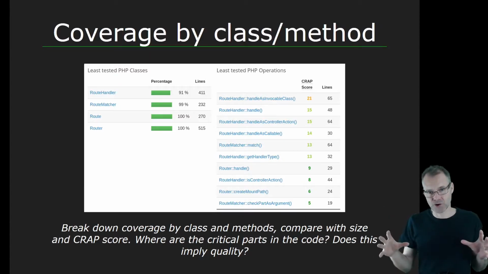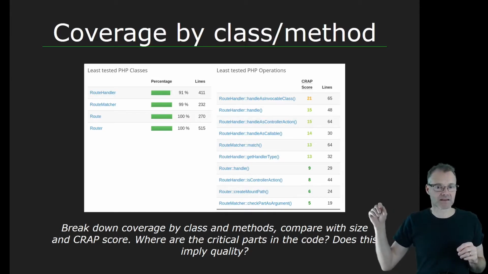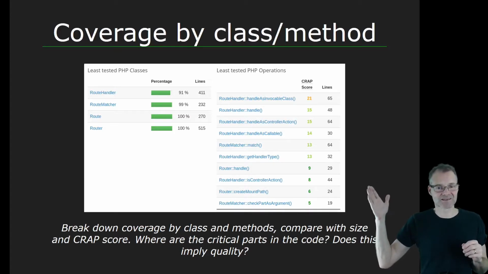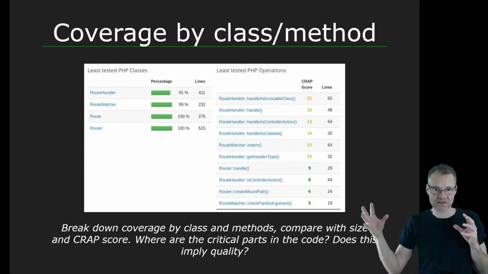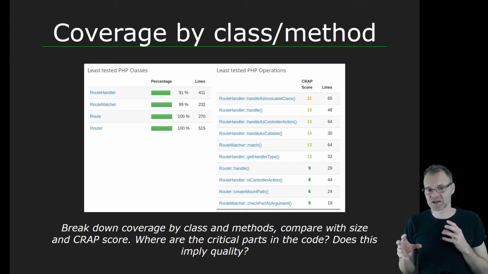We can also see visualized how much each of the different classes is covered. This is a source module, and the module has several classes in it. Here we see that the route handler has 91% code coverage, and we also see that it's related to the size of it. And that is good. You're starting to use one metric and relate it to another one.